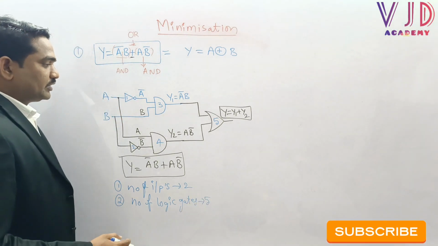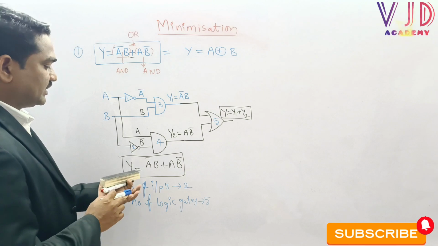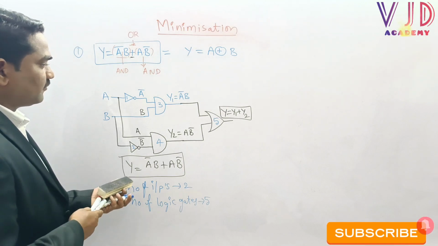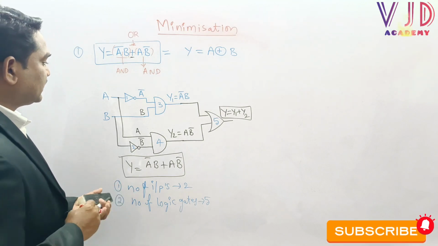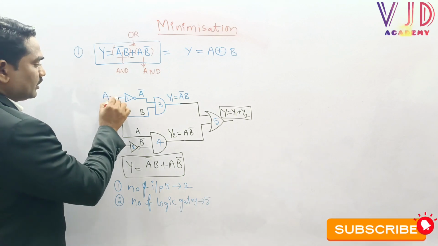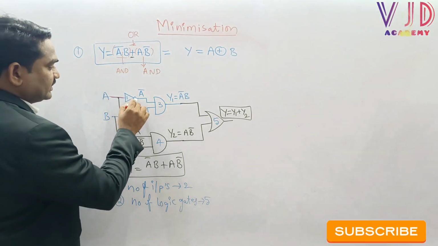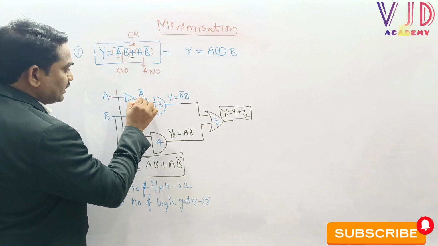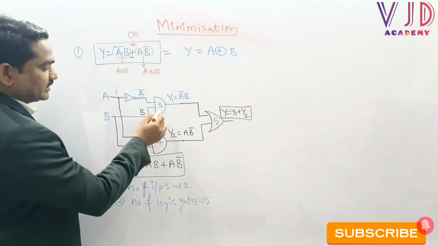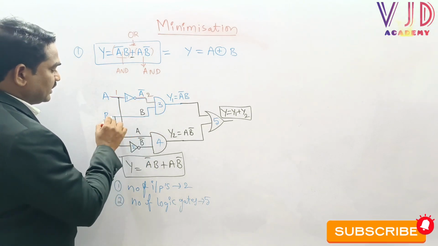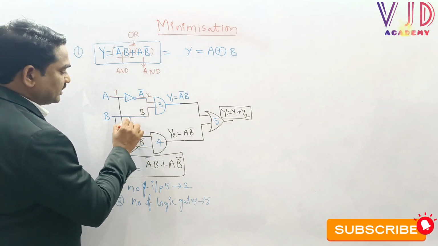And one more thing: to implement this particular logical expression, how many logical connections are we using? The first connection is from A to the NOT gate, the second connection is from the NOT gate to the AND gate, and B to the AND gate is the third connection.